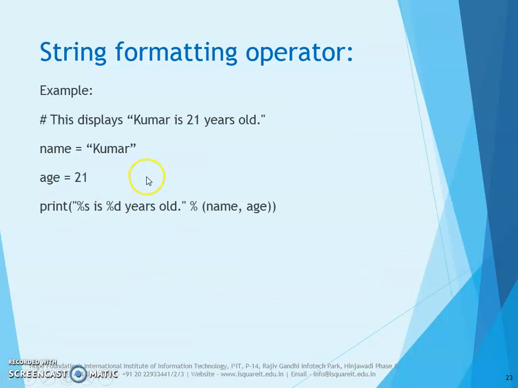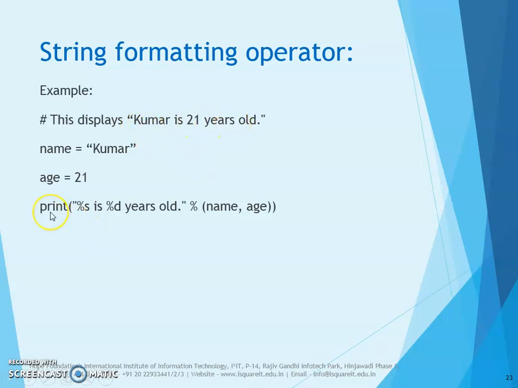Now if we have a string and also a number, then how to display this data? We want to display Kumar is 21 years old. Then we have a variable name, to which we are assigning a string. We are assigning one number, that is an integer, to this age variable, and we want to display it in this way.